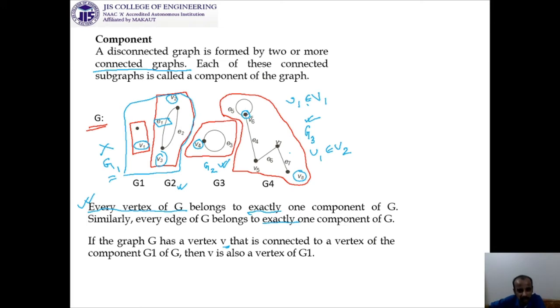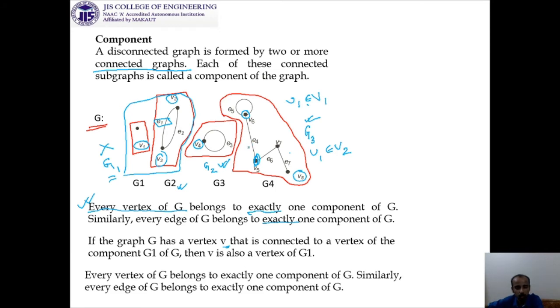It is connected to V5 which is in the G4 component. So V6 must be in G4. It is an obvious result, because if V6 is connected with V5 which is in G4 and V6 is itself in G3, then G3 and G4 will not be non-intersecting, and then it is not possible for us to define the component. It violates the definition and the construction of component. I think it is clear.